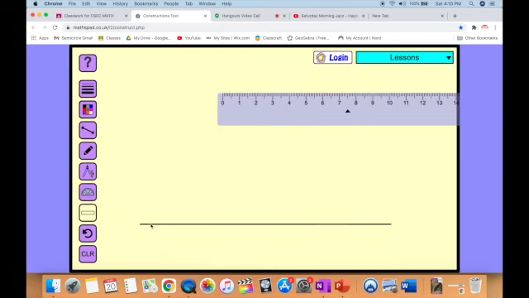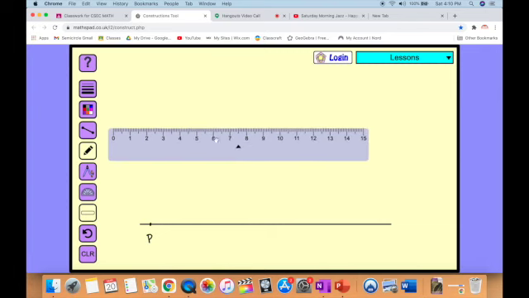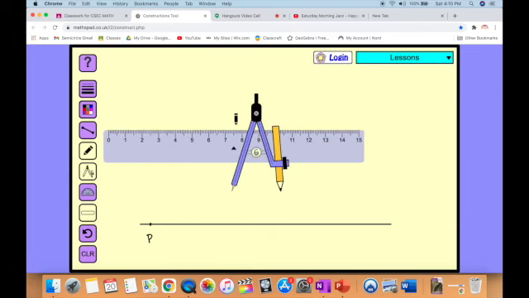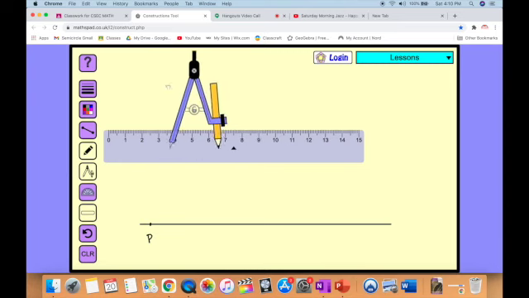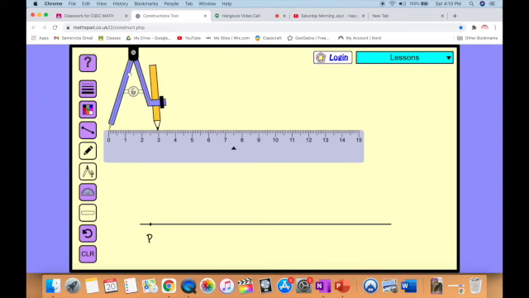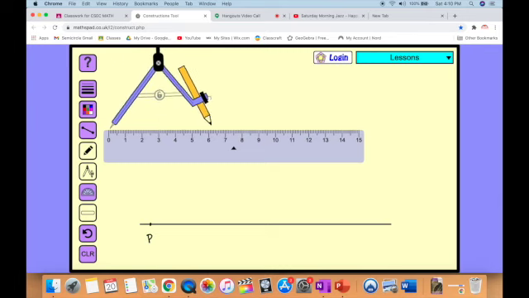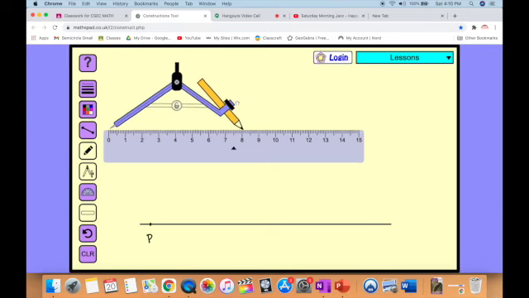I will mark off a point P. I will take my compass and I will put it at that 0, and I will measure 8 centimeters to be about that. Let's see if I can get it a little more exact.